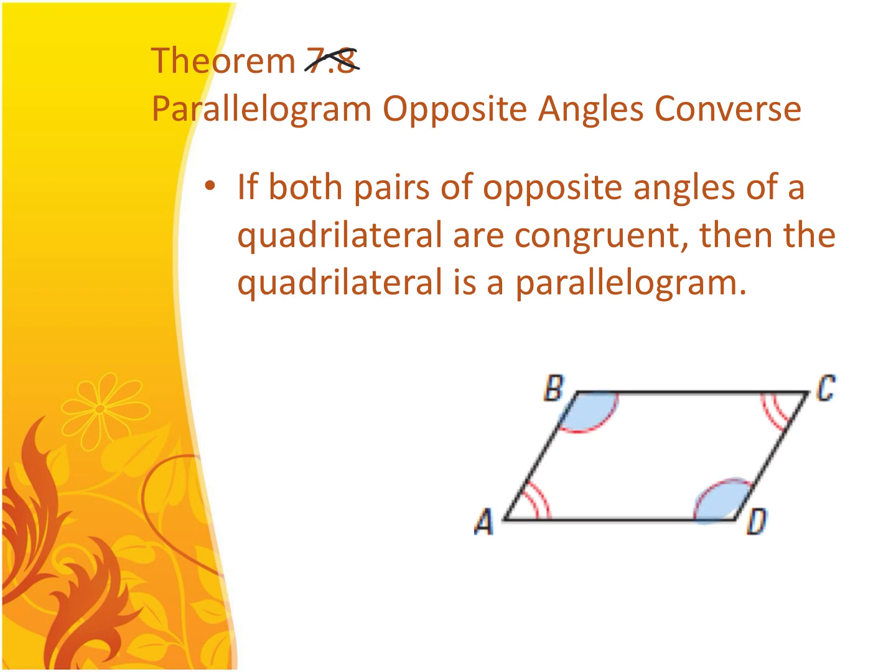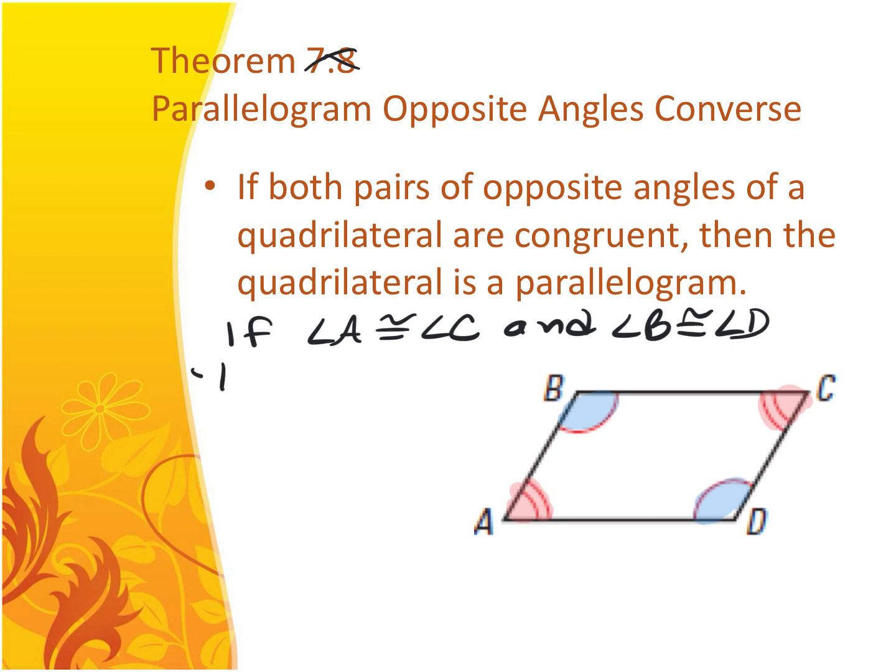So B and D are congruent. They have the same congruency mark. And then A and C. So specifically from this picture, if you're given that angle A is congruent to angle C and angle B is congruent to angle D, then ABCD is a parallelogram.